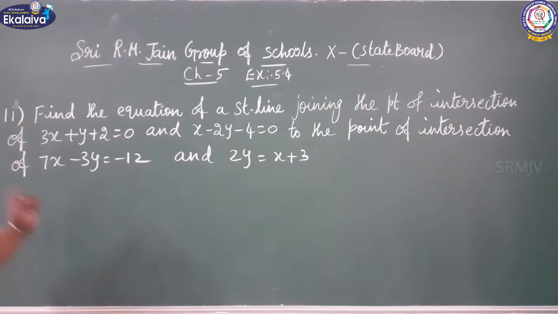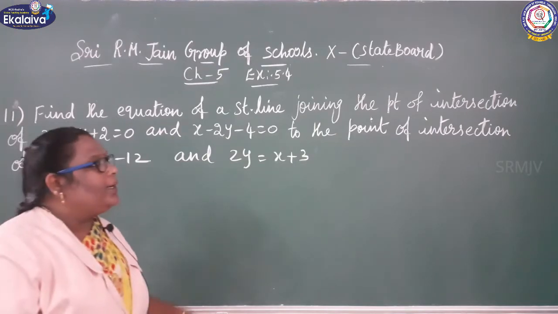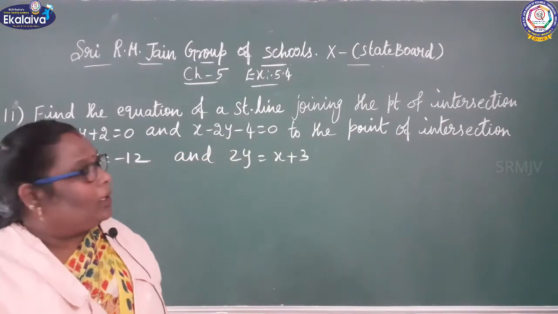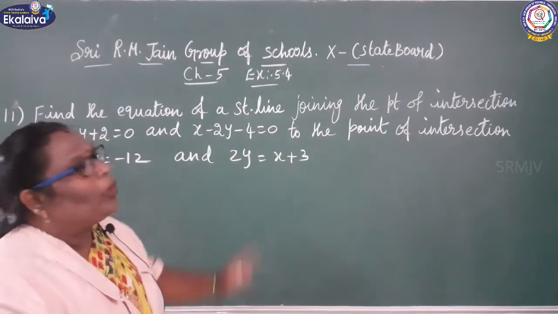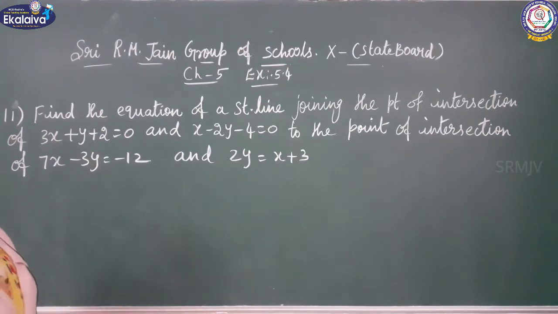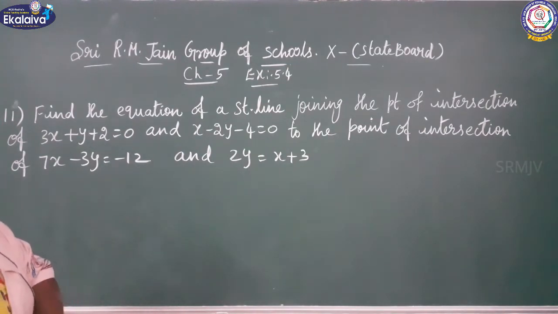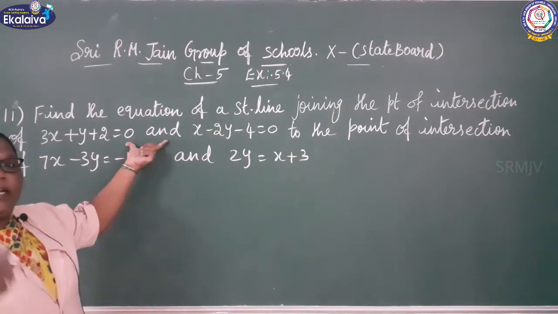See the 11th sum. Find the equation of a straight line joining the points of intersection. Two pairs of equations are given. First you should solve these two equations and get the point.